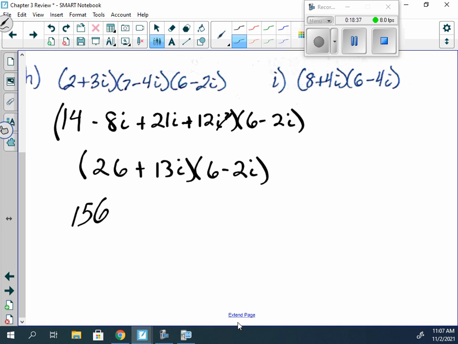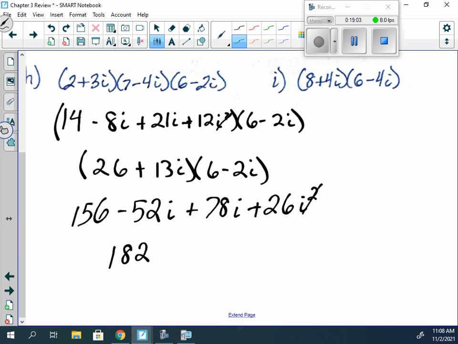And then we'll do 26 times negative 2i, which will be negative 52i. Then we'll do the same thing with 13i. 13i times 6 is going to be plus 78i, and 13i times negative 2i is negative 26i squared. Well, again, i squared will make that negative 26 positive. 26 and 156 will be 182.